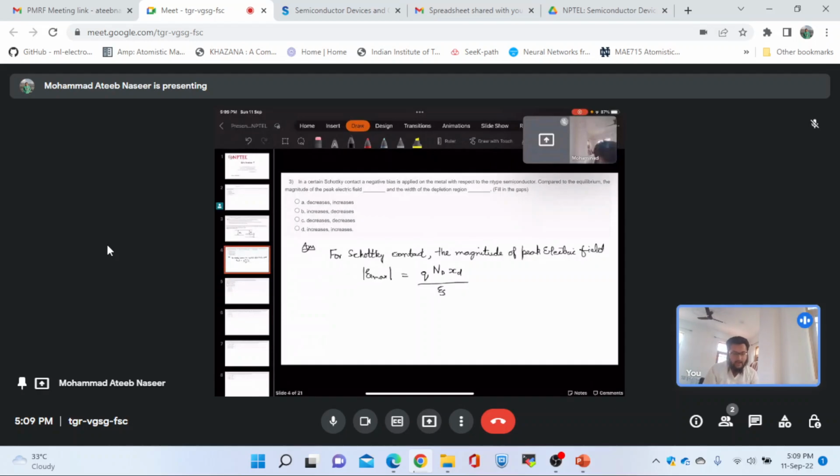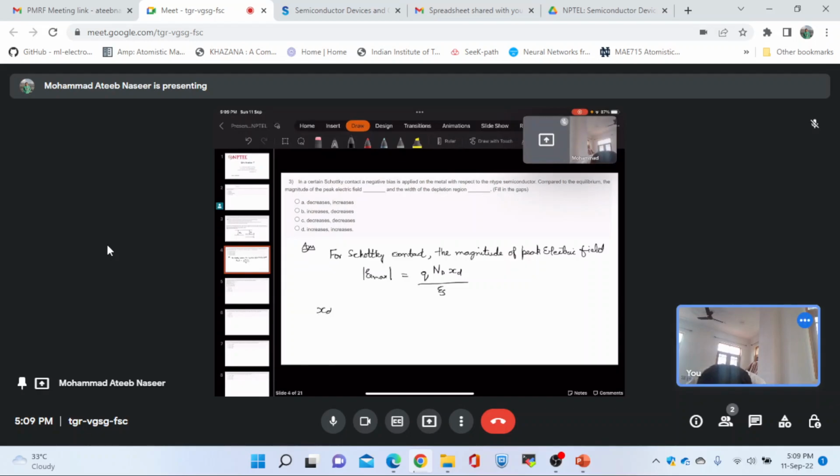So here we have Xd, the depletion width, that is bias dependent, and the rest of the quantities are independent of the bias.